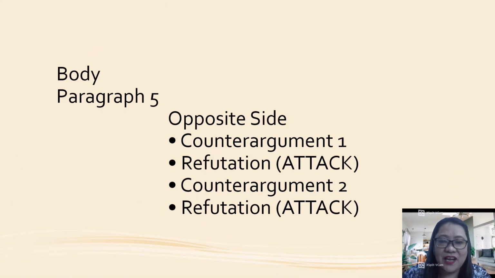Paragraph number 5 is the last part of the body of your argumentative essay. In this paragraph, you are going to write your opposite side, wherein you will write and state 2 counter-arguments. When we say counter-arguments, these are the opposing viewpoints. How are you going to do this? Write your refutation or attack.